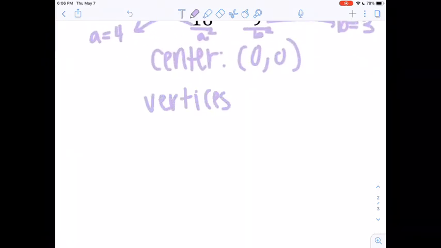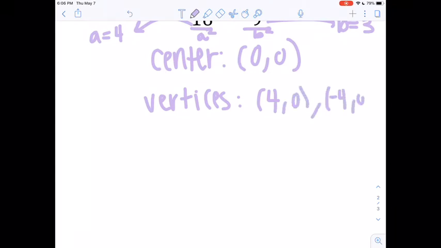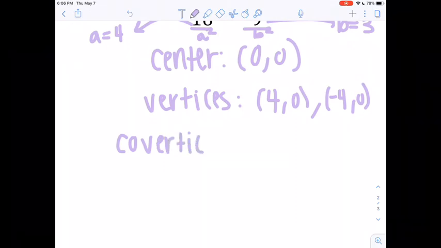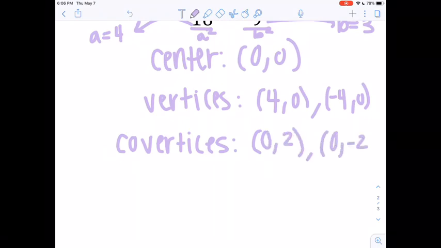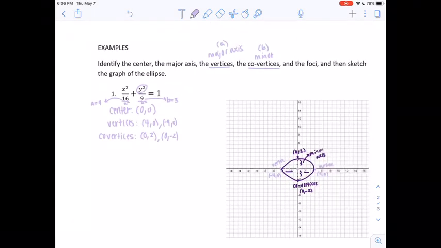My vertices are at 4, 0, and -4, 0. My co-vertices, so they're on the smaller axes, are 0, 2, and 0, -2.